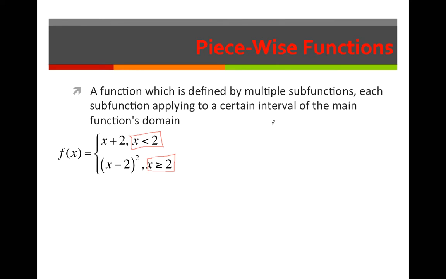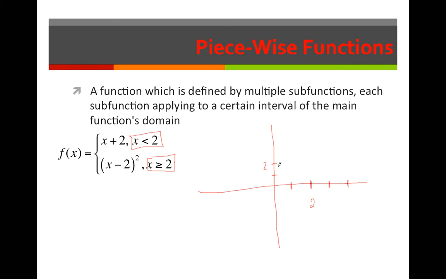So if we were going to sketch a graph of what this function would look like, here's what we're going to have. If I look at the value of 2, since that's where things are changing, what does x + 2 look like?